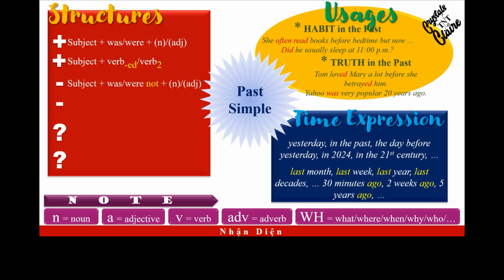For the negative form, subject, you use not after to be or not after auxiliary did, didn't, did not, and after auxiliary, verb 0, no more verb 2. Okay, WH, was, were, go with subject, or in case you use with verb, so it's you auxiliary did.